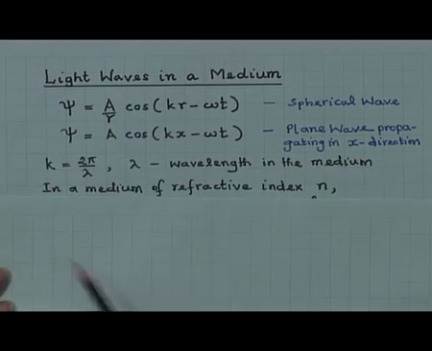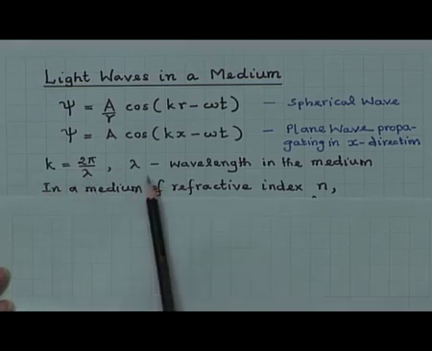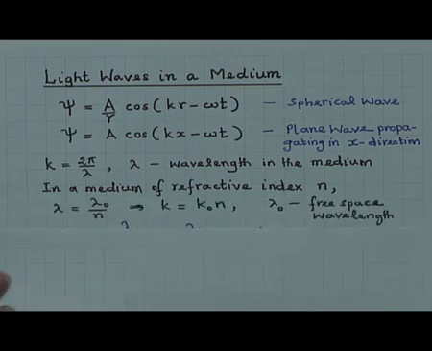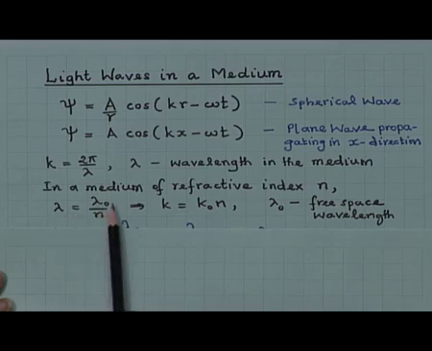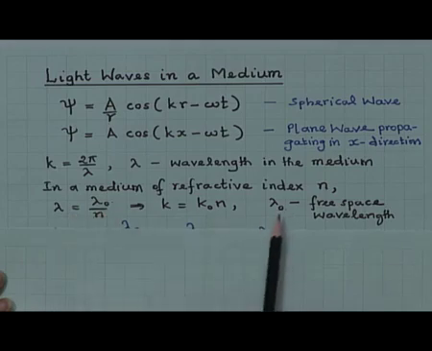Now, what is k? k is equal to 2 pi by lambda, where lambda is the wavelength in the medium. However, in a medium of refractive index n, lambda is equal to lambda 0 by n, where lambda 0 is the free space wavelength, or the wavelength of light in vacuum.